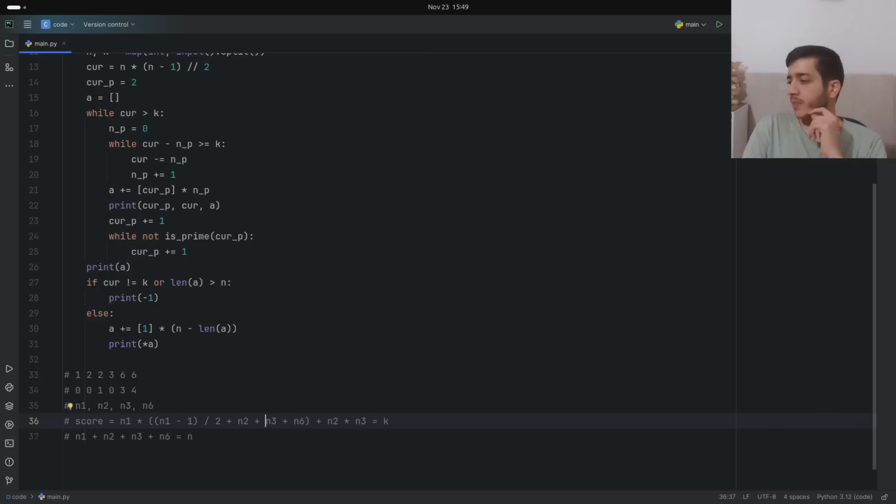I'm thinking about if we put some 1 in the beginning of our array, the new problem would be the same problem with n minus 1 elements and k minus n, and that's it. So if k is at least n, we can do that.